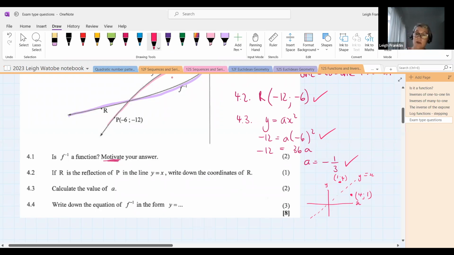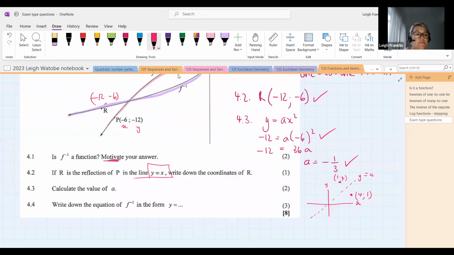What was x becomes y, and what was y becomes x. So this was originally x, that was y. When we reflect over the line y equals x, they switch around. That's why this would be minus 12 and minus 6.